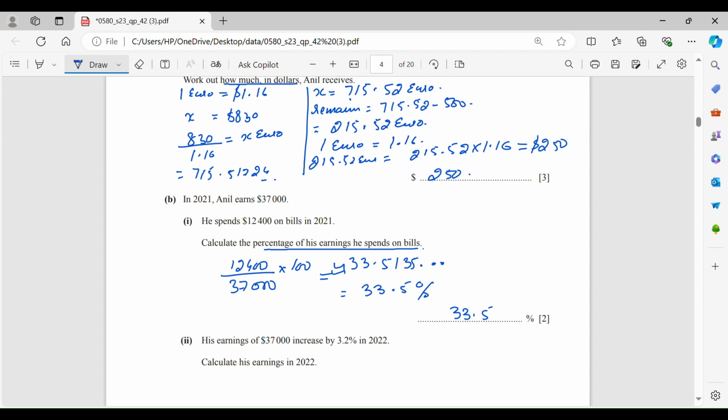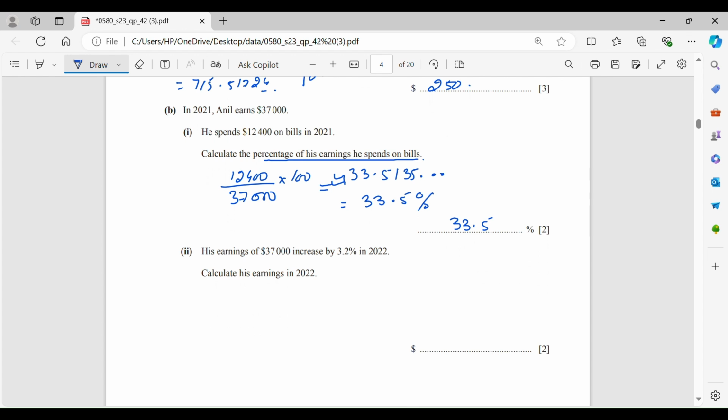Next, the second part of B. His earning of $37,000 increased by 3.2% in 2022. Calculate his earning in 2022. His earning is 37,000 for 100%, so for a 3.2% increase it is 103.2%, and his earning will be x.